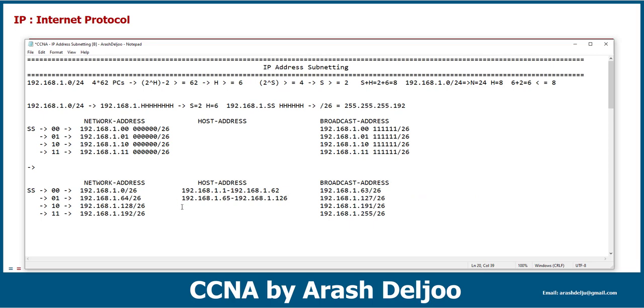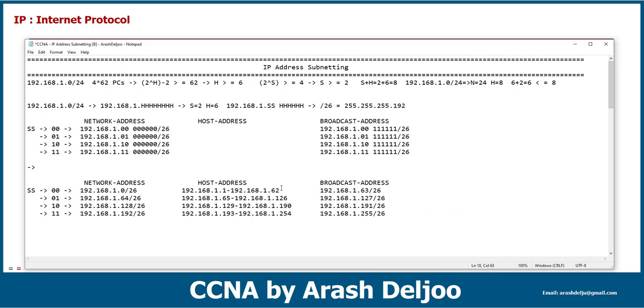In the third network we have 192.168.1.129 to 192.168.1.190. And in the fourth network we have 192.168.1.193 to 192.168.1.254. That's it, these are the host addresses.